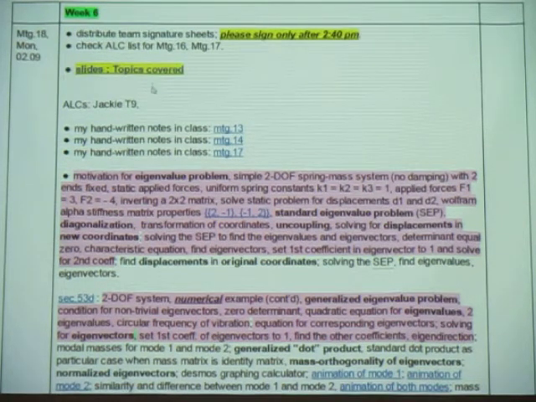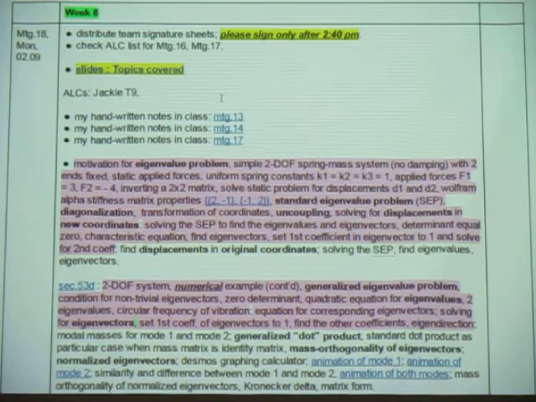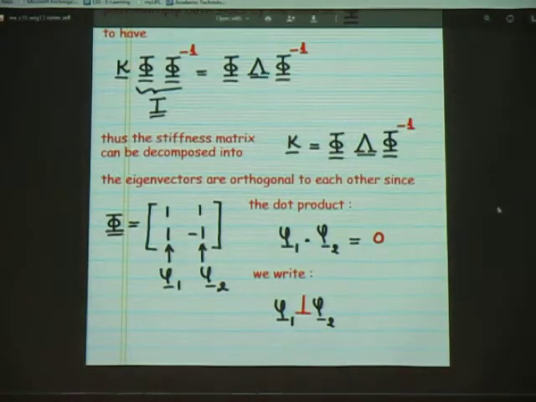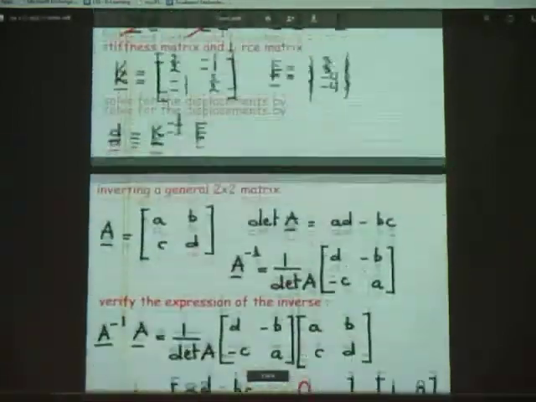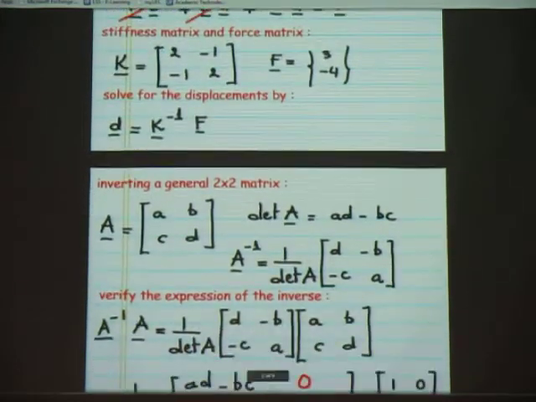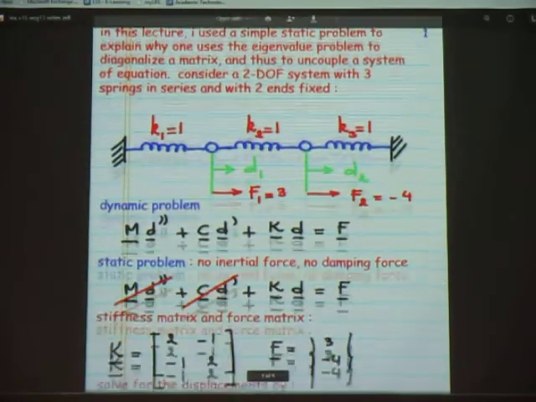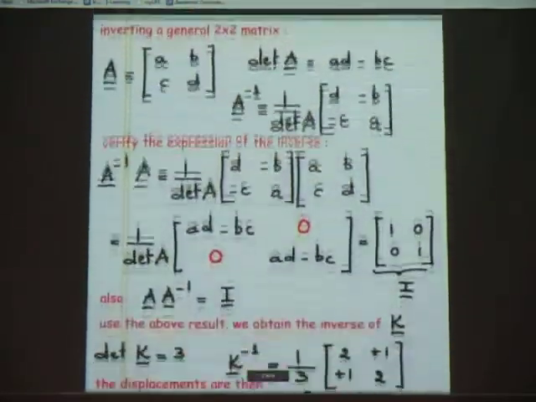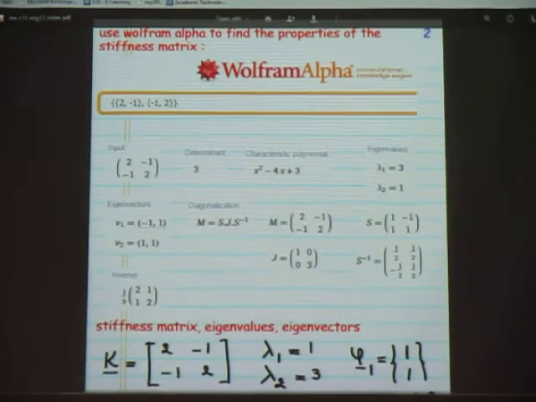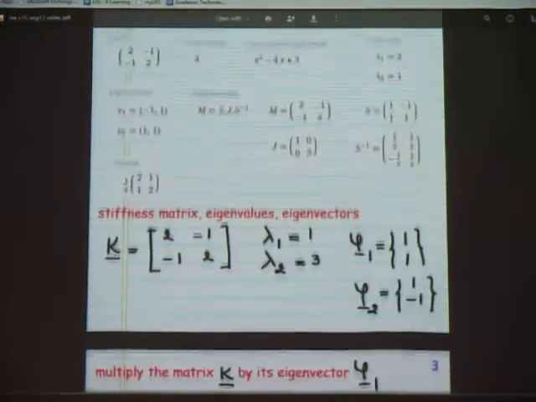Okay, so let's review quickly meeting 13. Just to go up so that you can review. You know, I used a simple system of springs in series, and just for statics, arrived at the standard eigenvalue problem, basically to motivate the different properties of the stiffness matrix here, and explain diagonalization.